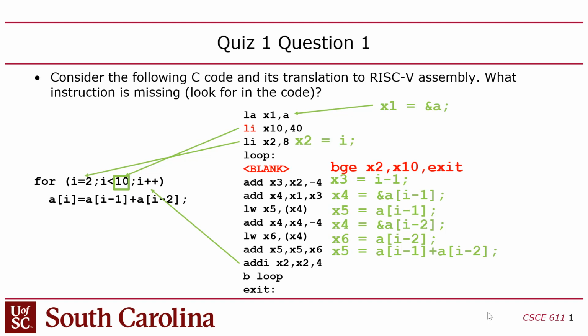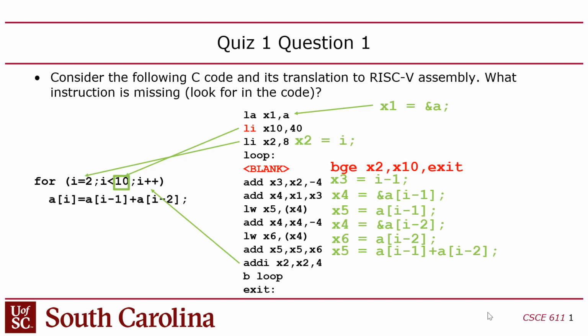Again, this is annoying, but this is the only way to do indexing in RISC-V. You have to use some add instructions to set up the effective address after you apply the index. You can't just do this with an index register inside the load instruction. And then we load from the address in x4, which is this effective address, into x5. Make sense?